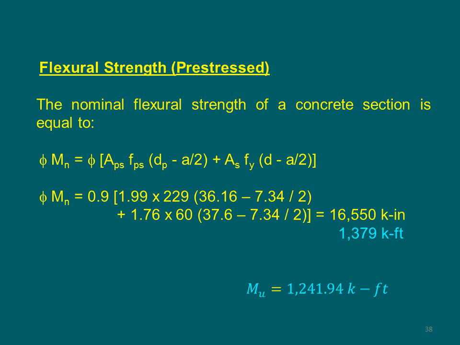Your answer here, of course, is going to be in kip-inch, since you have used here kips and inches when it comes to the z value. You divide this by 12, and with that you have 1379 kip-feet. Here's the good thing. 1379 is greater than the ultimate moment, which is 1242 roughly, which means here your phi Mn is greater than Mu.